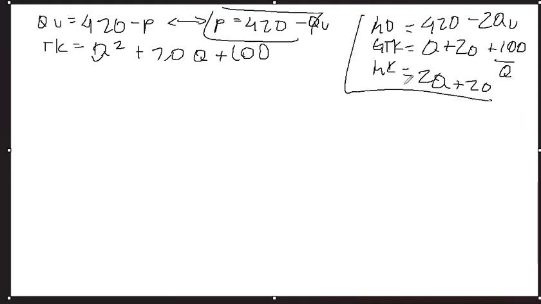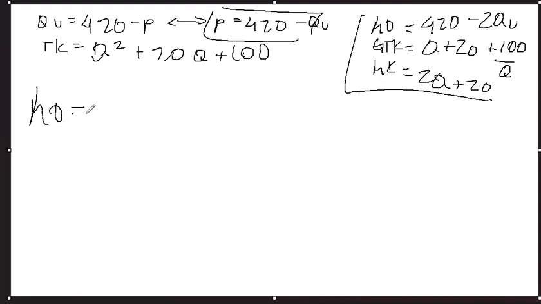For monopoly, everybody uses MO equals MK. We have here the MK and the MO, so what do we do?